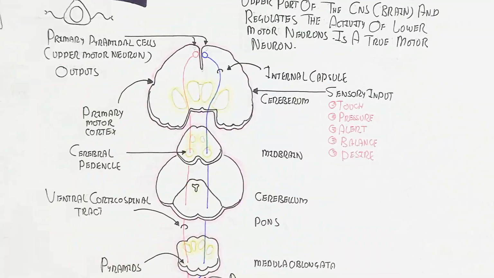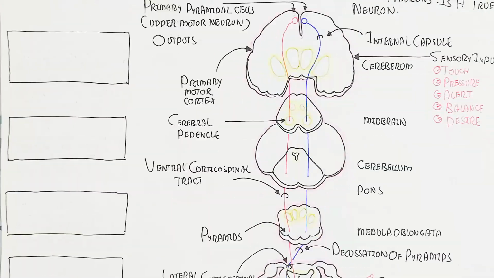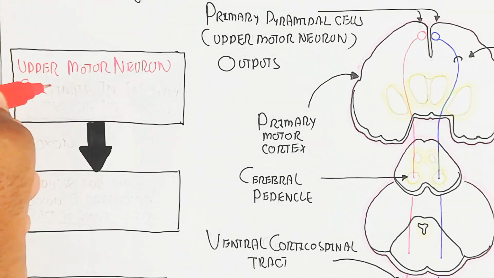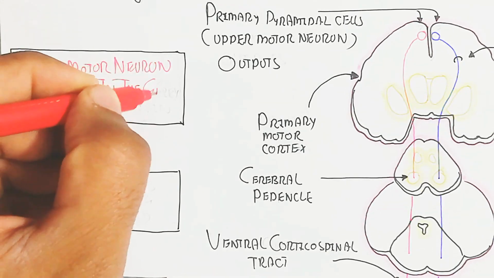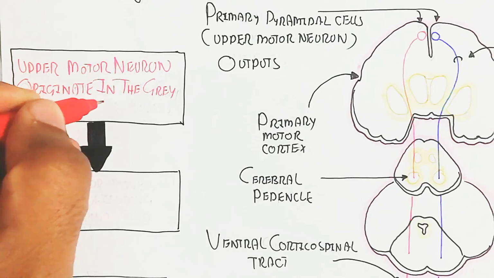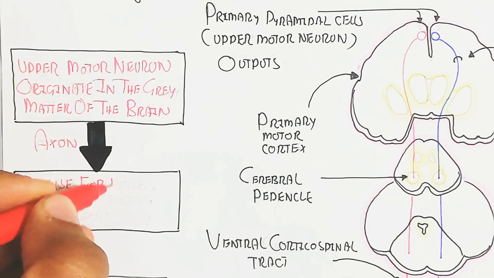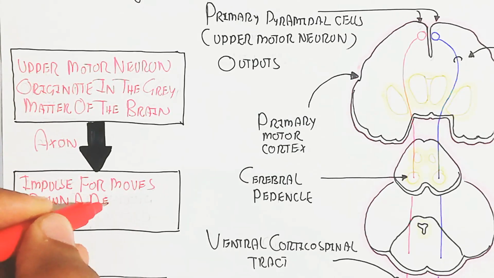The upper motor neuron originates in the gray matter of the brain, and this gray matter allows axonal depolarization to create the nerve impulse, and this nerve impulse moves down a descending tract of the spinal cord.